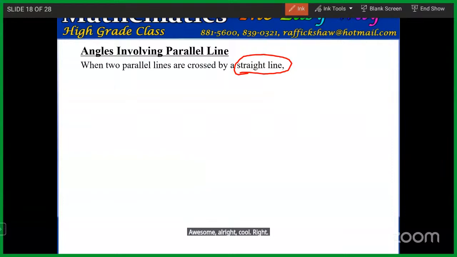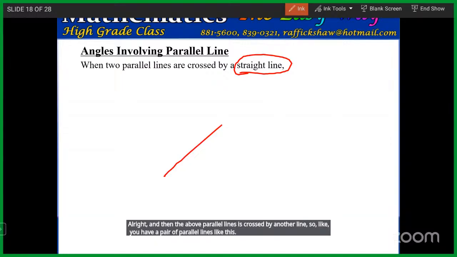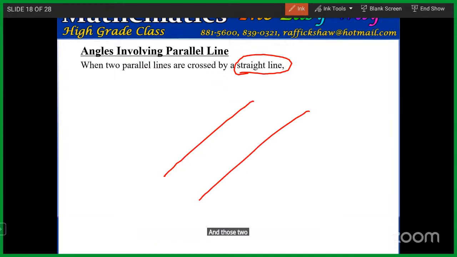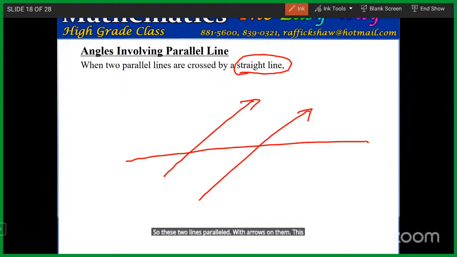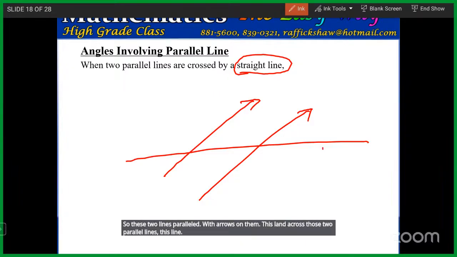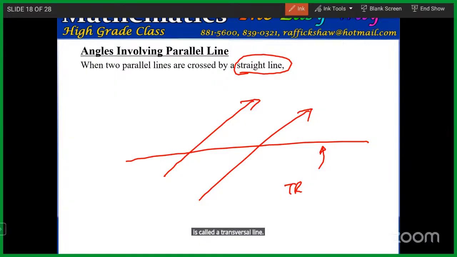Right, so I was saying, when a pair of parallel lines, or any number of parallel lines, is crossed by another line, like you have a pair of parallel lines like this, and those two lines are crossed by some other line like this. These two lines are parallel, with the arrows on them. This line that crosses those two parallel lines is called a transversal line. A transversal line is a line that crosses at least a pair of parallel lines.